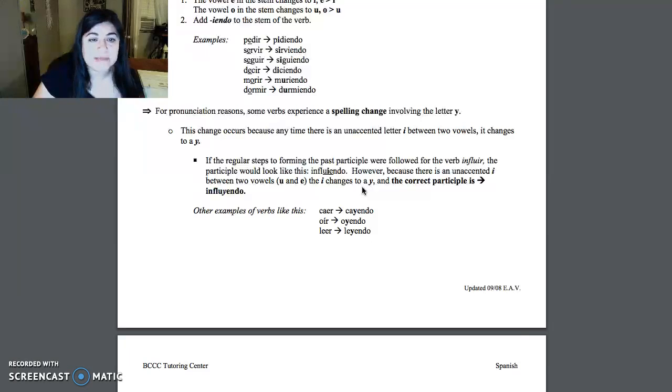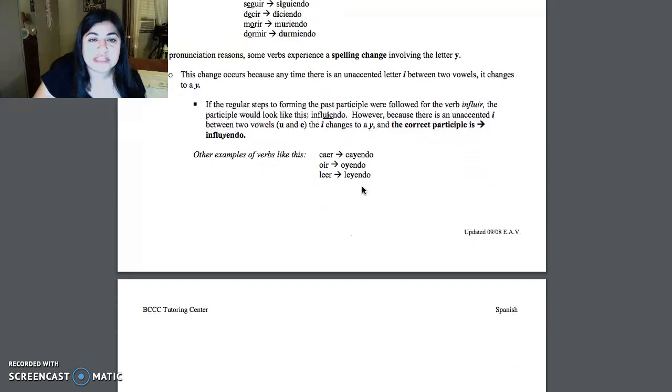Now, why does this happen? Well, for pronunciation reasons, some verbs experience a spelling change involving the letter Y. This change occurs because anytime there is an unaccented letter I between two vowels, it changes to Y. So if the regular steps to forming the present participle are followed by the verb influir, for example, the participle would look like influyendo.